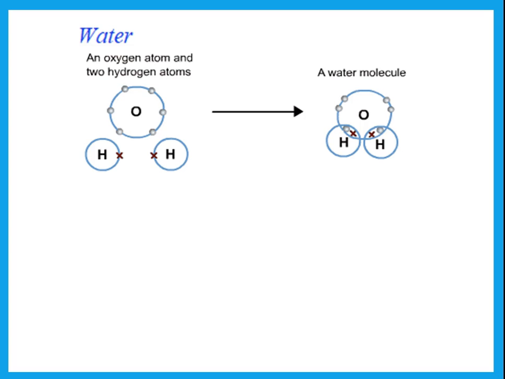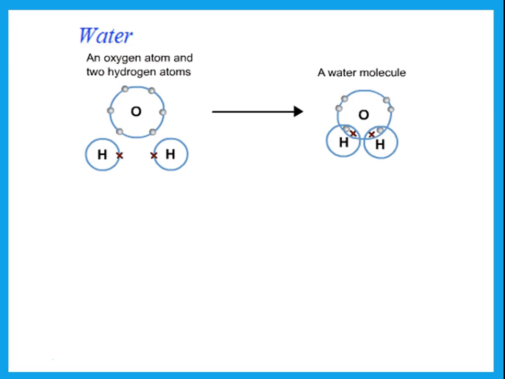Okay? Now water. How do we draw water? Water, you should know, is between hydrogen and oxygen. But each oxygen needs how many? Each oxygen needs 2 electrons. It already has 6 in its outer shell, so it needs 2 electrons. But a hydrogen can donate only 1. So actually I need 2 hydrogens to donate 2 electrons to the oxygen.